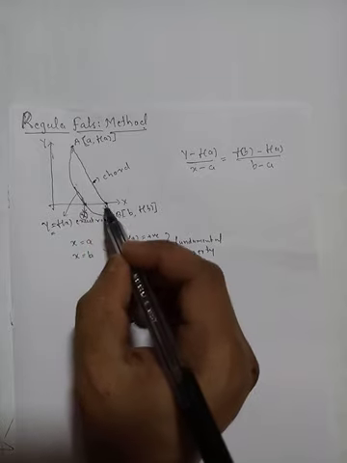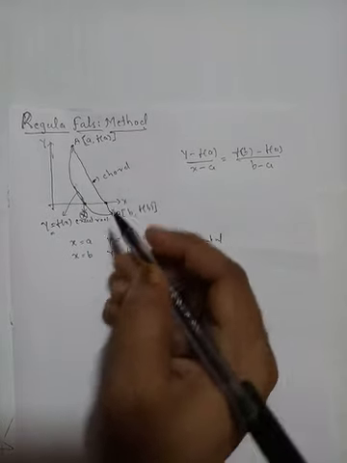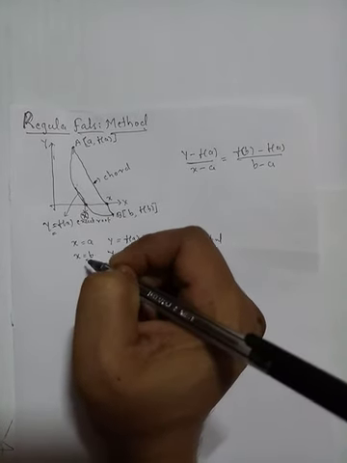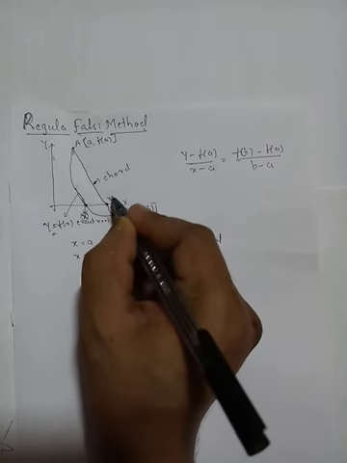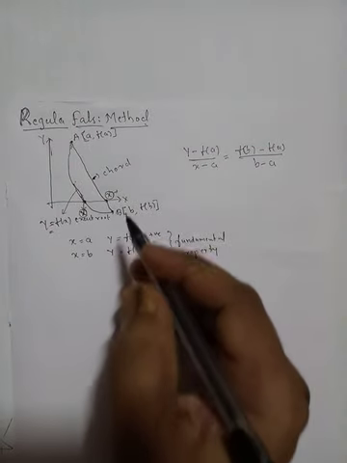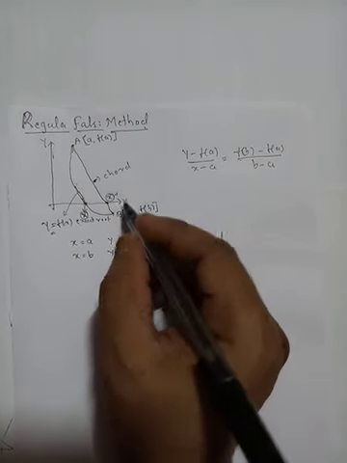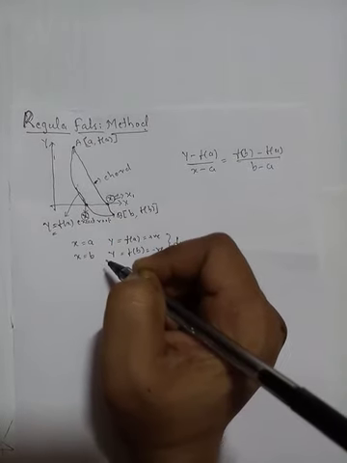The point of intersection of the chord with the x-axis is the value of x where the y coordinate is 0, and this is our approximate root. We denote this root as x1.